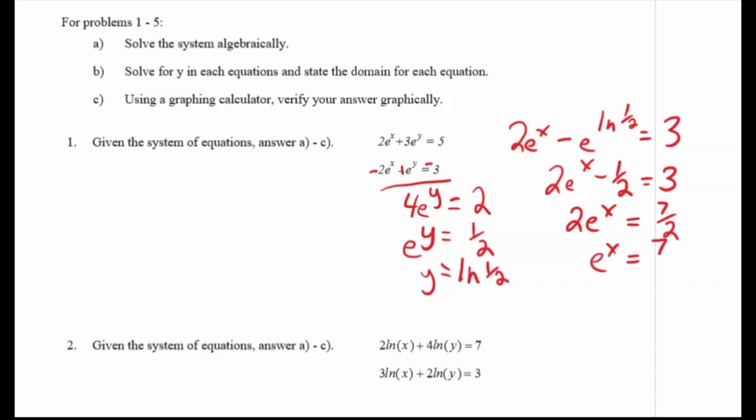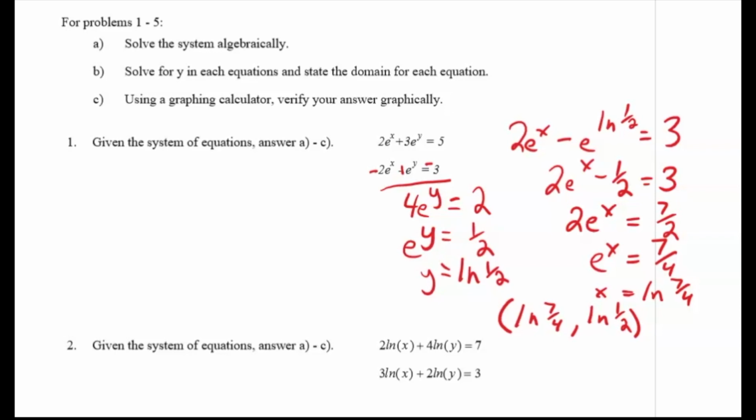Multiply by 1/2 on each side, you get 7/4, and so x finally equals the ln of 7/4. So the actual point now where they intersect is ln of 7/4, ln of 1/2. So that's where these 2 equations intersect.